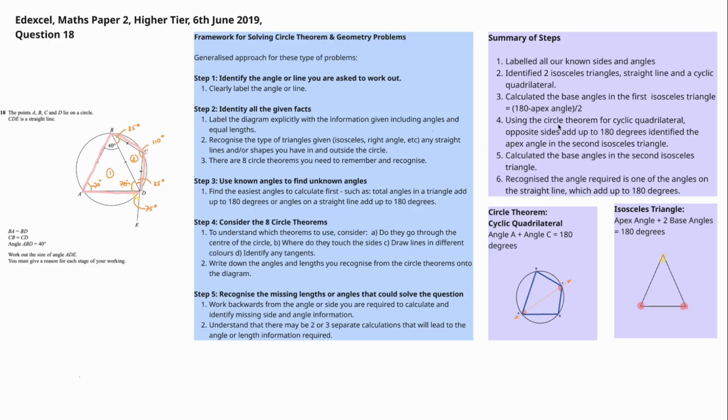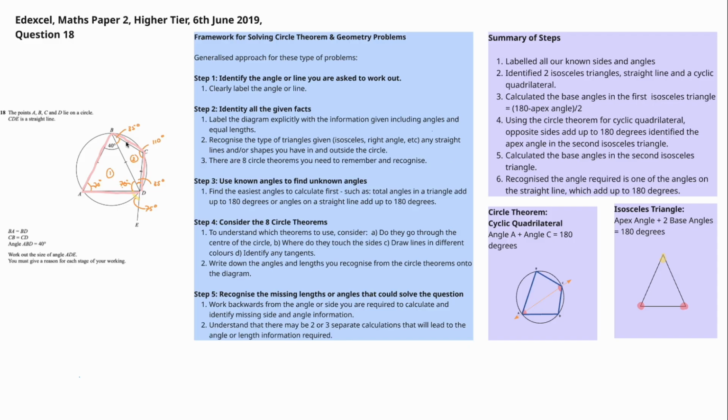Using the circle theorem for cyclic quadrilaterals, we know that the opposite angles of the quadrilateral add up to 180 degrees. That allowed us to work out that the angle BCD was equal to 110. So 110 plus 70 gives us 180.